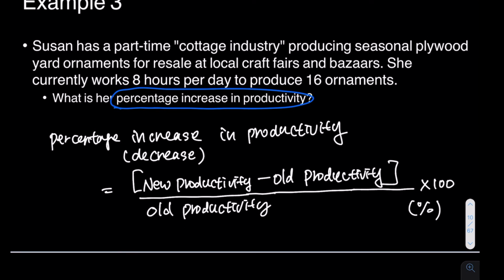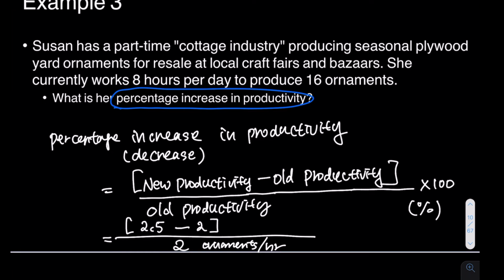So in this particular example, what's the answer? If you remember, the original productivity is what? 2 ornaments per hour. And here, what's the difference? The new one is 2.5, and again, the old one is 2. It's also the same dimensions, ornaments per hour, and it is multiplied by 100 to show it as a percentage.